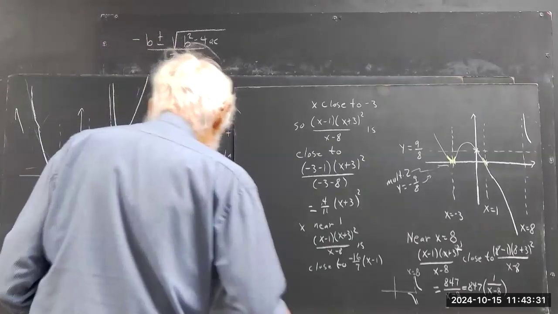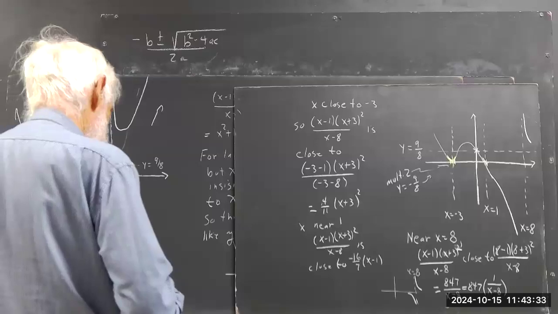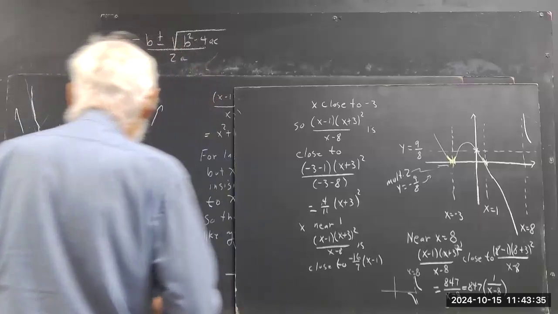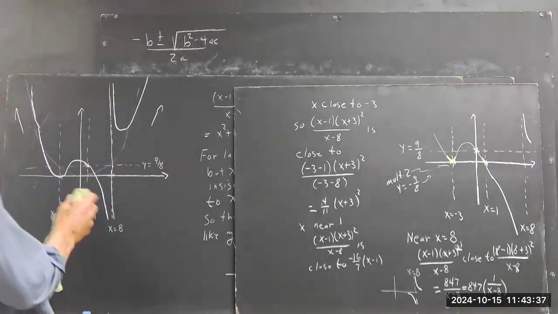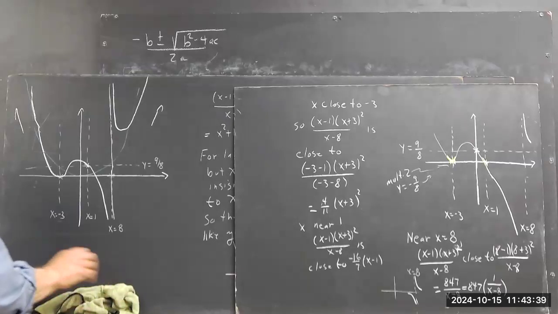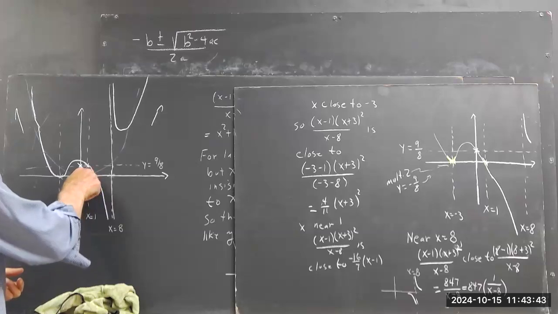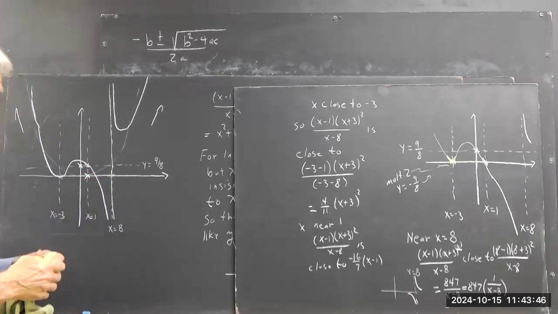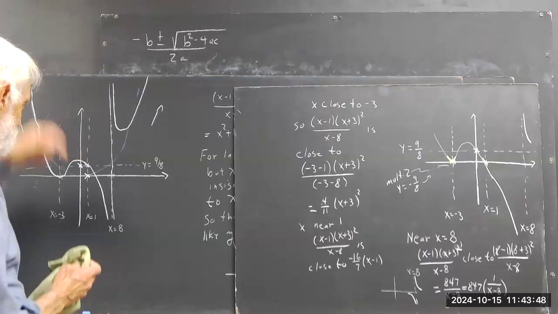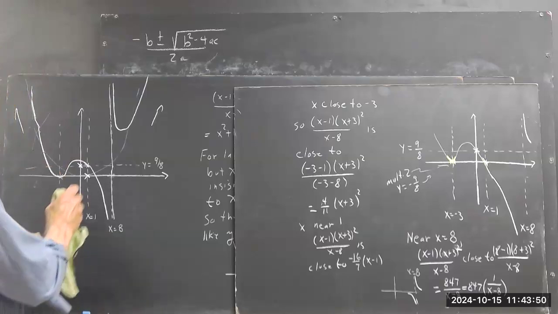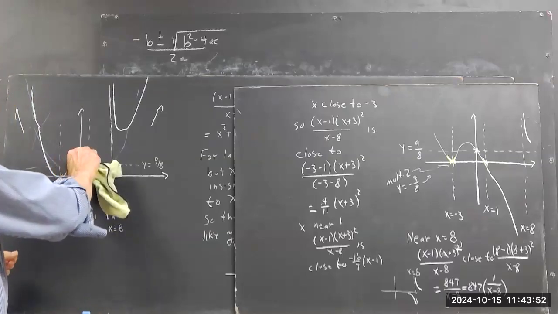And apparently I'm going to do really dumb things today because, of course, the graph should have gone through this point. That's your y-intercept, and it should have gone through this point. Okay, so I just wasn't looking carefully when I made those points, and obviously wasn't thinking straight.